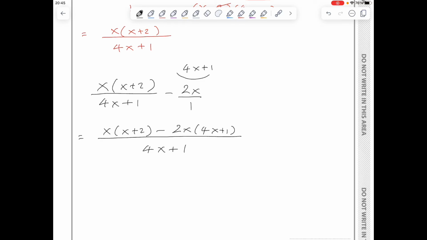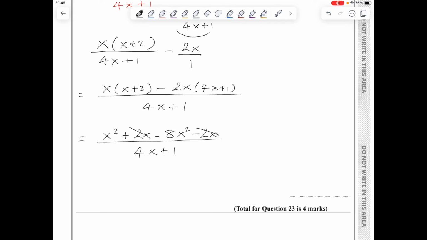So let's expand the numerator. I will get x squared plus 2x minus 8x squared minus 2x over 4x plus 1. Now I can cross out the 2x with the minus 2x, so I'll be left with minus 7x squared over 4x plus 1, and this is as far as I can simplify.